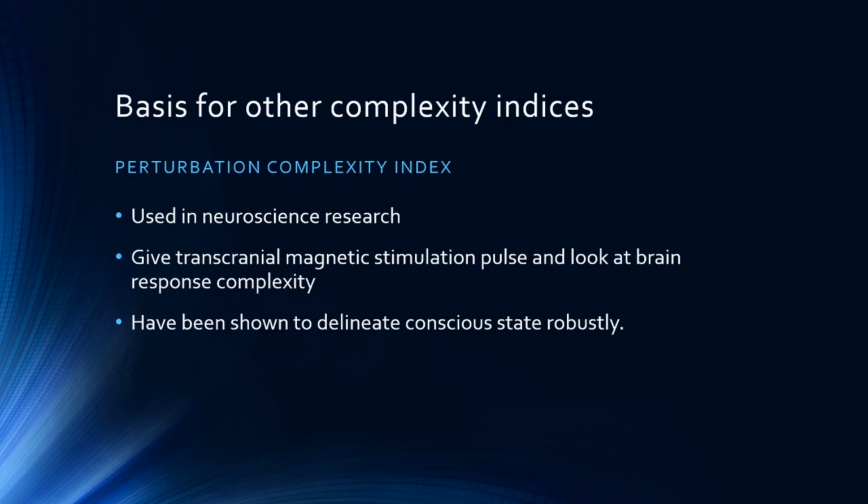We look at how the brain responds to that, and then we can rank different people based on their complexity. For instance, if you're sleeping, your complexity will be smaller than if you're awake. If you have a disorder of consciousness and you're in a vegetative state, your complexity index will be much smaller than someone who is fully conscious. So we can delineate conscious state robustly with this index.